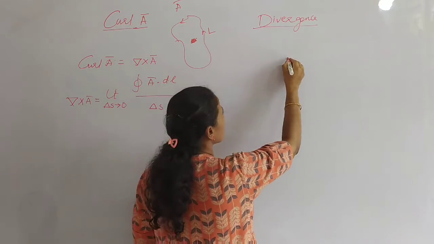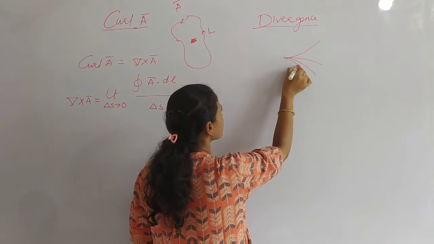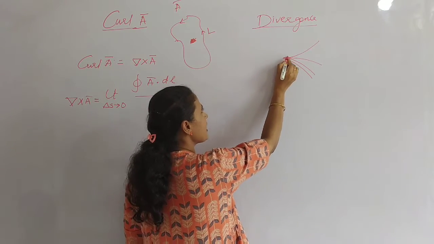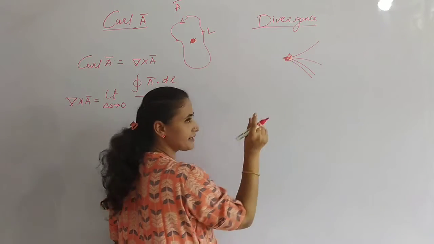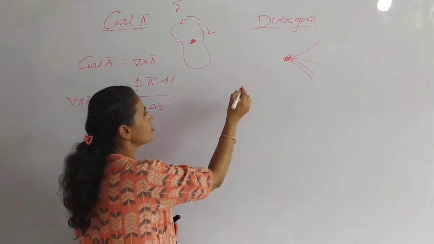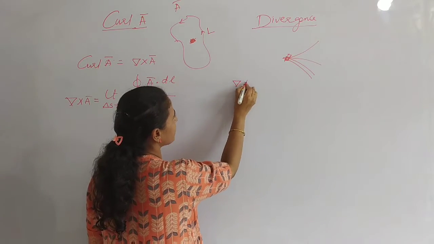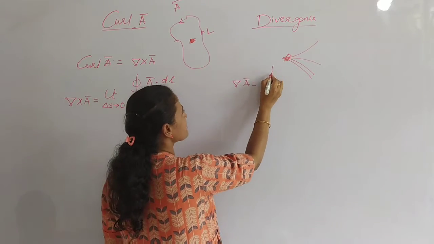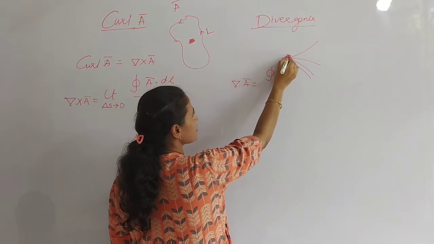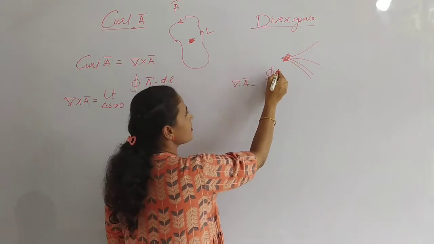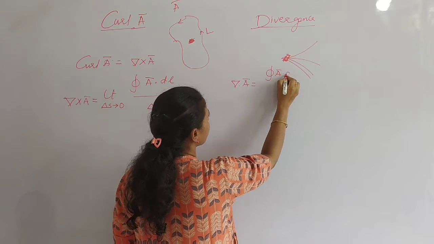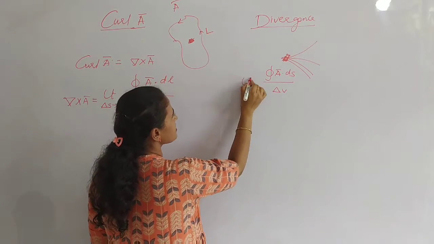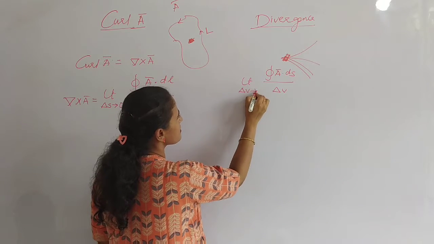It is the maximum outflow of flux passing through one particular point, where the small unit volume shrinks to the point P. So the divergence of vector field A bar is nothing but the flux passing through the closed surface, A bar dot ds, per unit volume, as this unit volume approaches 0.